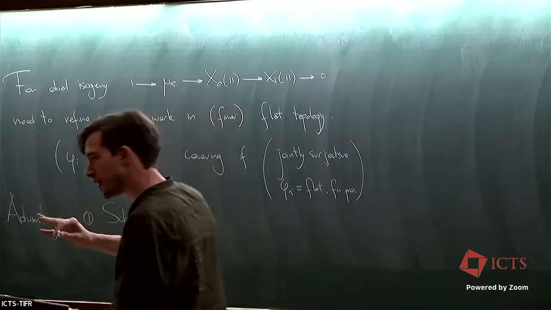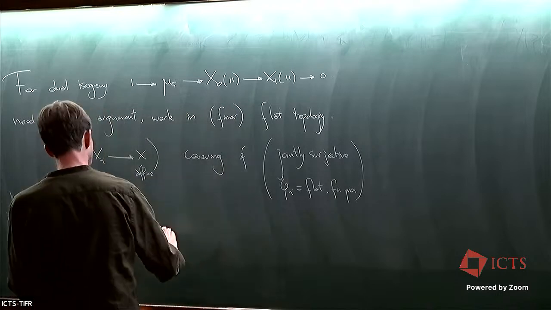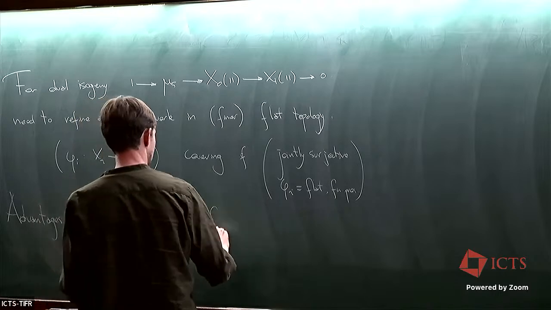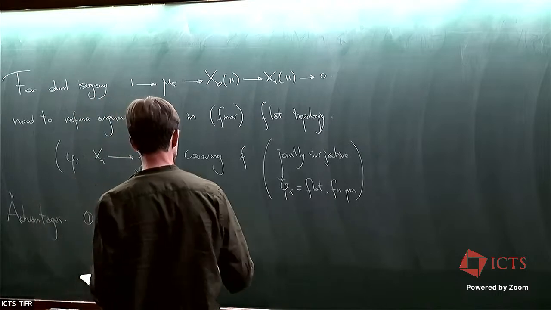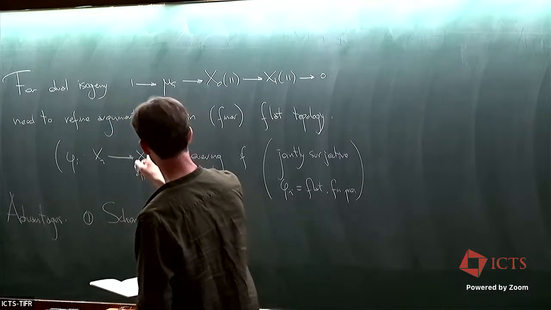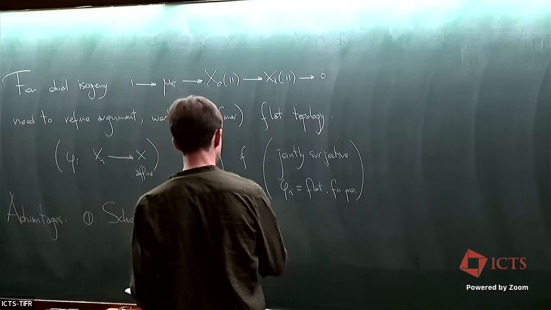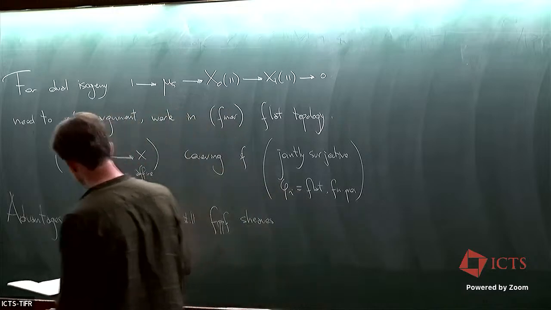So it's finer, but it's not too fine, so that schemes are still FPPF sheaves. Yeah, that's usually the adjective that's put instead of flat. So it's the FPPF site. They're still FPPF sheaves.